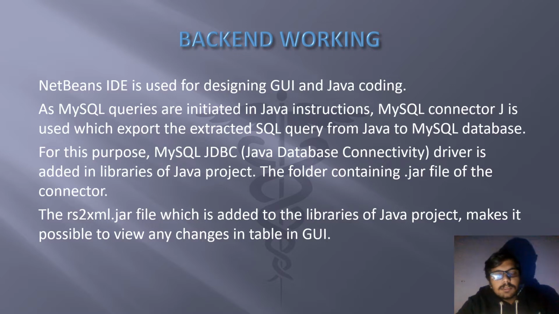How it is displayed in the graphical user interface is done through the rs2xml.jar file, which is added with the help of NetBeans in the libraries of the Java application.